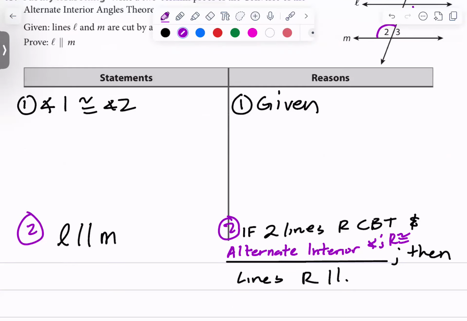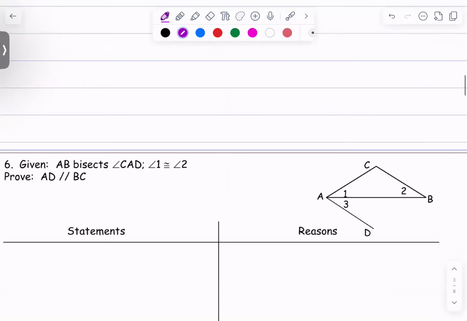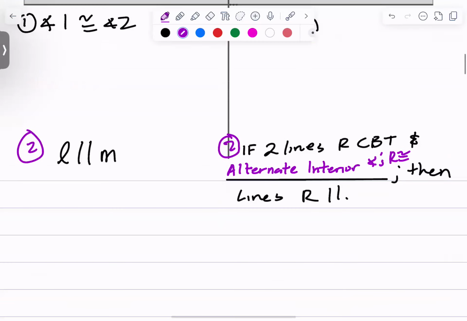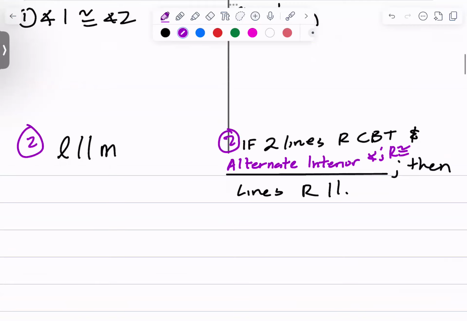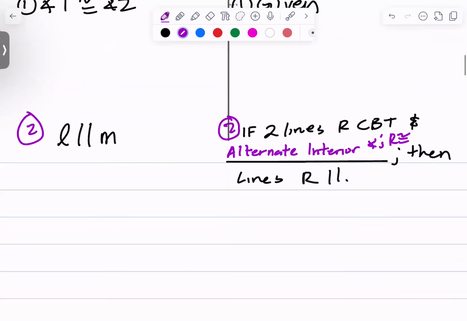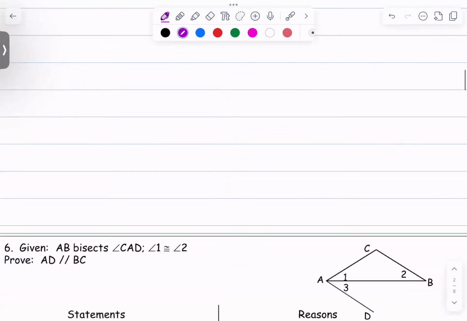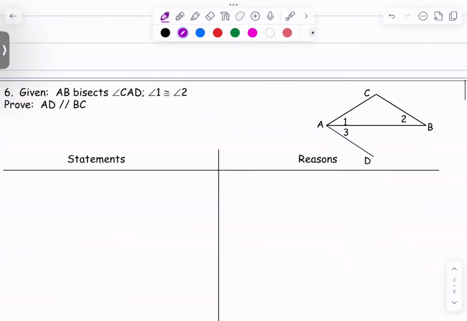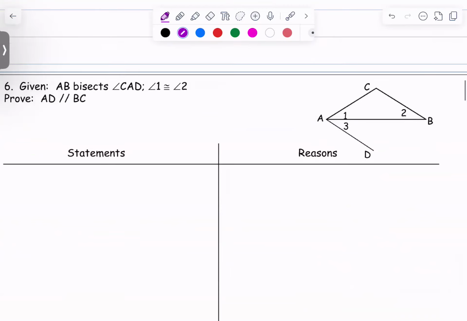That makes sense? Easy? Pretty simple. There's only two. The next one is this. So I'm going to give you guys some time to write it out.